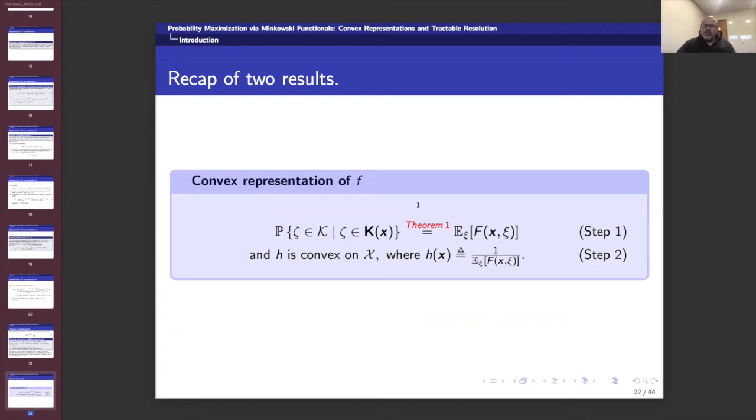But what you want to remember from the previous two or three slides is that the original probability is written as the expectation of an integrand with respect to a suitably defined Gaussian density, and then the reciprocal of this expectation, this probability, is convex in the decision variable x. Okay, those are the two results.